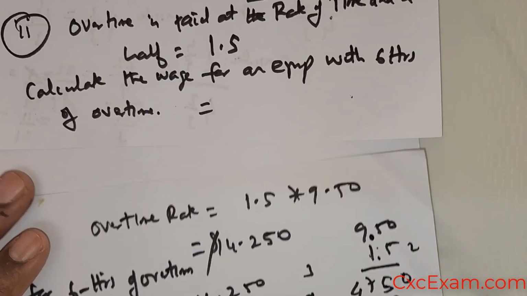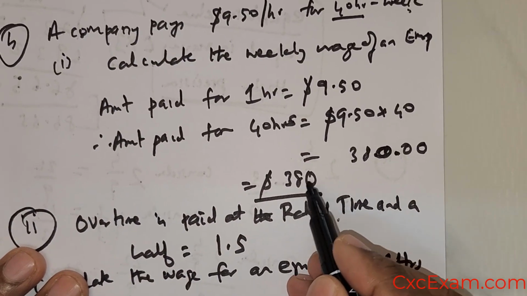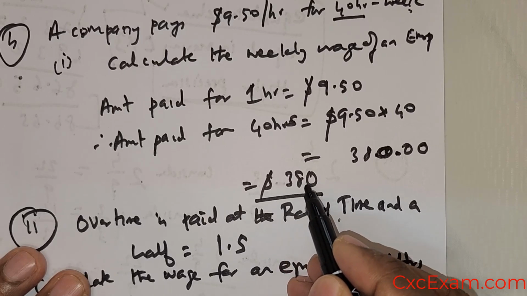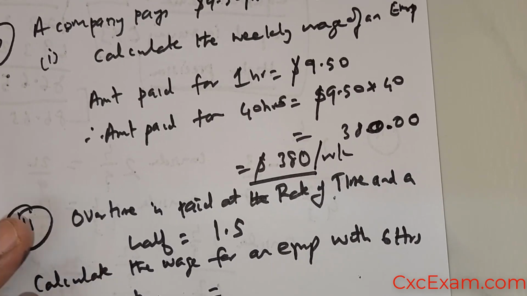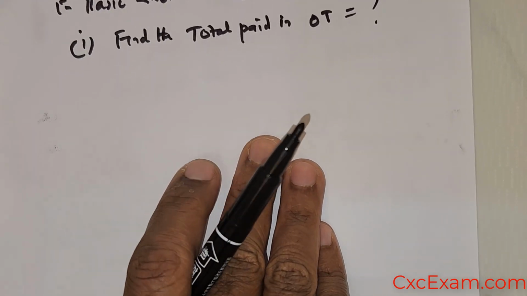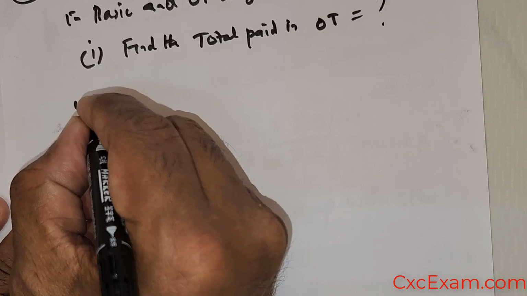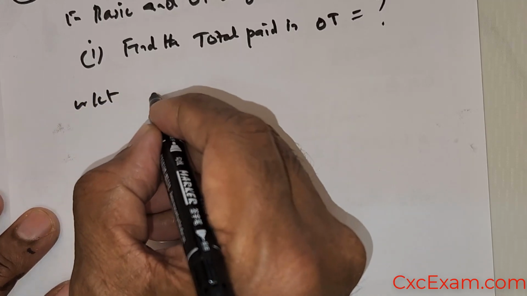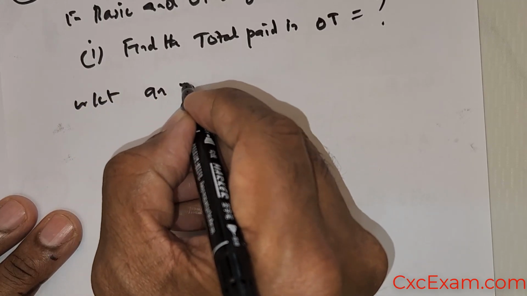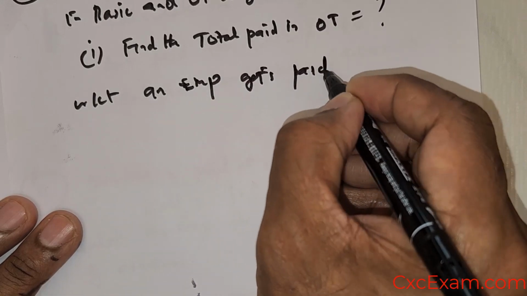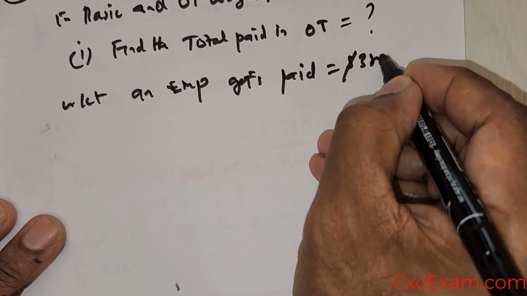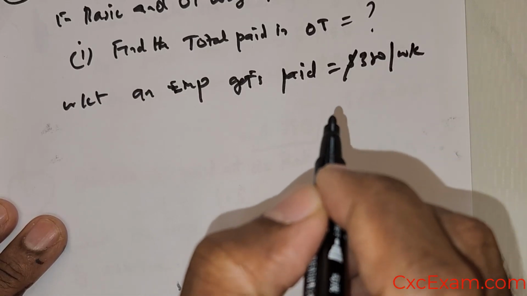So what I'm going to do is use the weekly wage of 380 per week. This is the salary the employee gets. So we know that an employee gets paid $380 for a week.